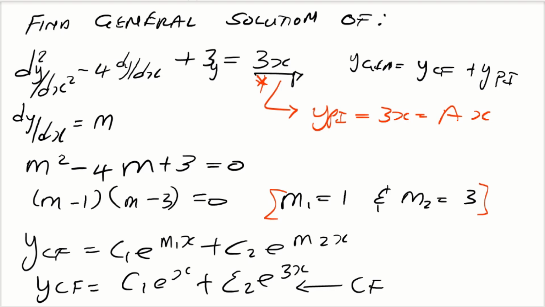Just because this equation was equated to a function, you go ahead and find your PI. So your y_PI, remember I said it was 3x, so now you replace these values by ax, because your a replaces 3. Okay, so after doing that, guys, the next step is to differentiate.